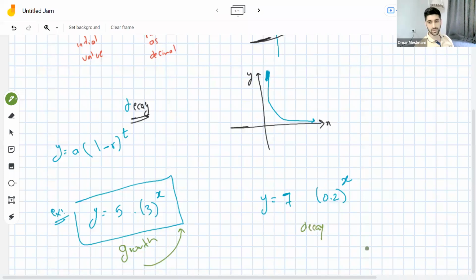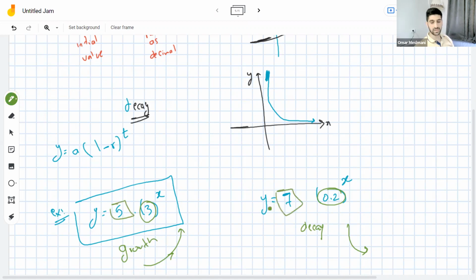That's decreasing, okay? So in exponential equations, we don't have a negative for decreasing and positive for increasing. No, here, if the base is greater than 1, it's a growth. If the base is less than 1, it's a decay. Okay? So one more time. Again, what is this 5? What is this 7?